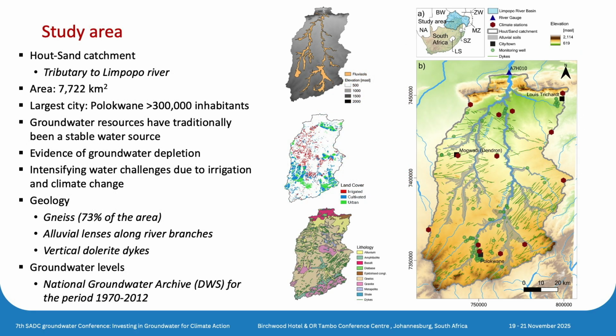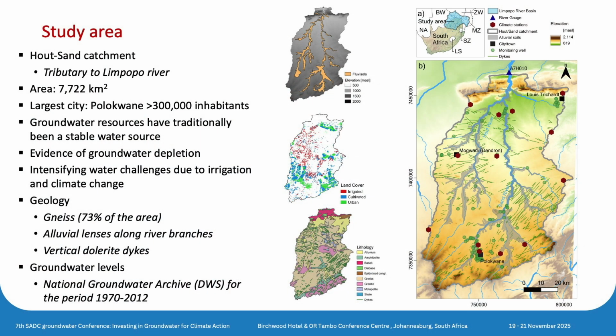This is our study area. This is Hout Sand catchment, and you will be hearing more about that in later presentations tomorrow. As you can see here, it is a tributary to the Limpopo River. It has a sizable size, 7,700 square kilometers.